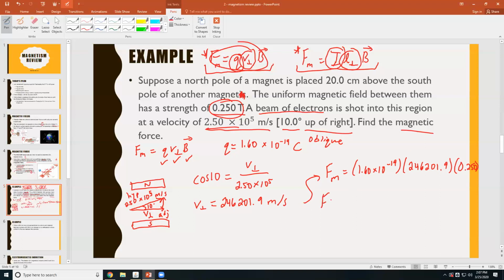Throw that in your calculator, round to, looking at our question here, 3 sig digs is what we're going to have to deal with here. So round it to 3 sig digs, what I got was 9.85 times 10 to the negative 15 newtons. Perfect. All right, next example.